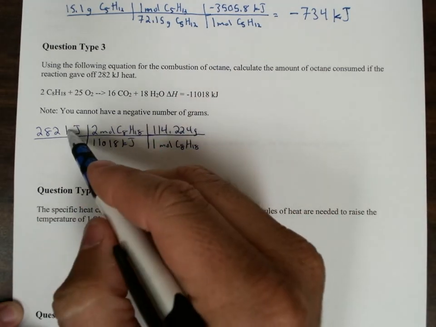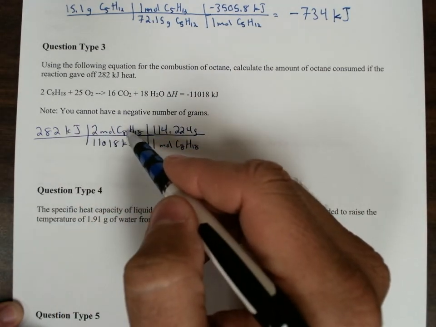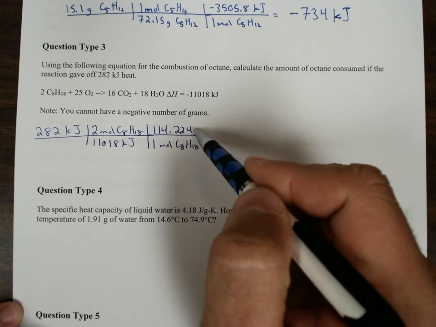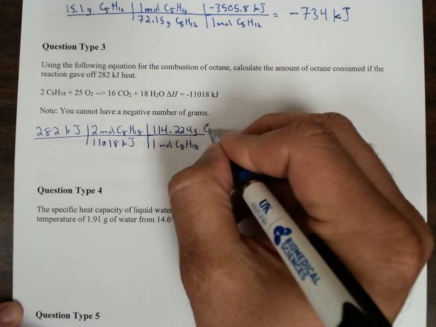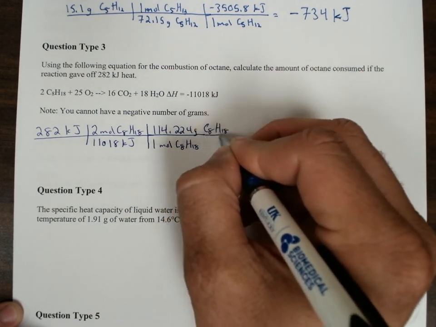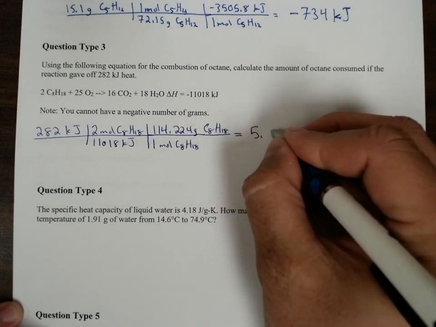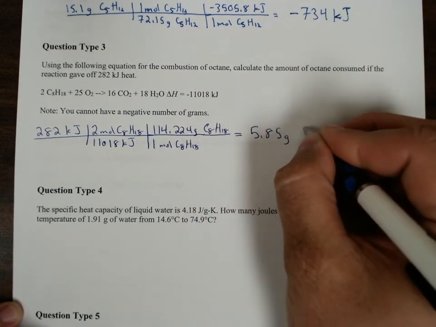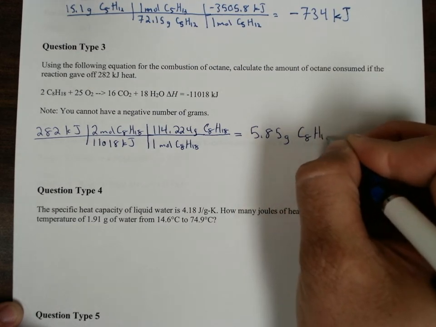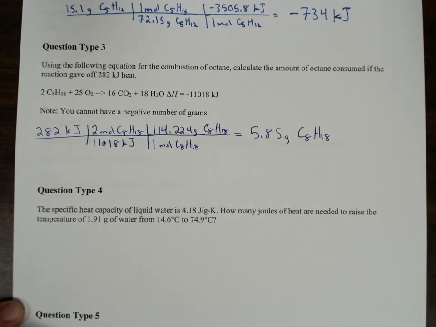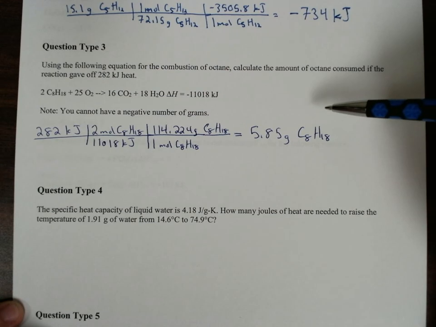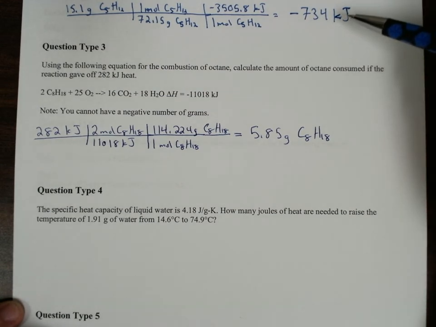So we're converting from heat to moles, and then from moles to mass of C8H18, octane. When we calculate this out, this is 5.85 grams of C8H18. Exactly the opposite of the previous question up here.